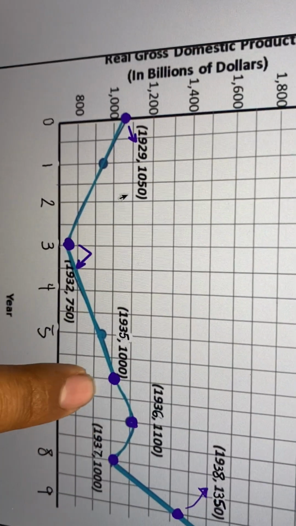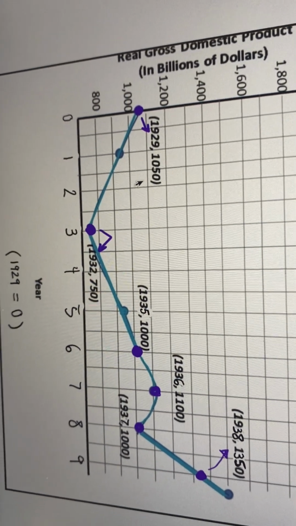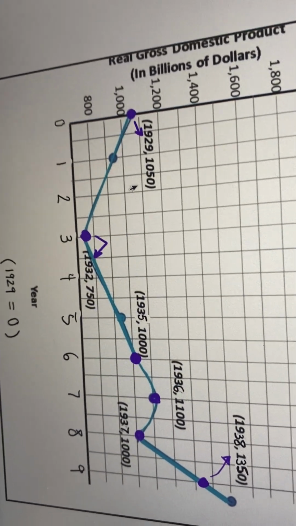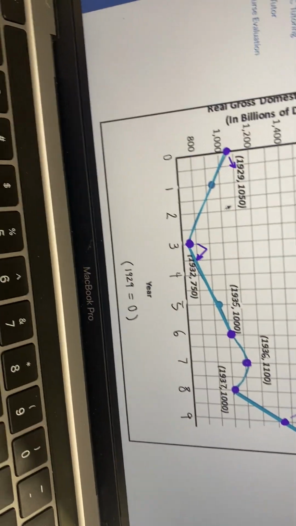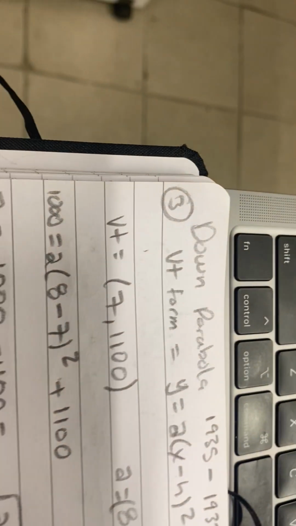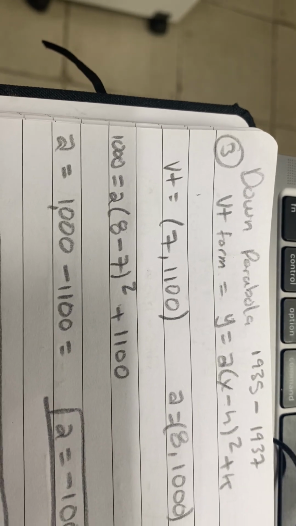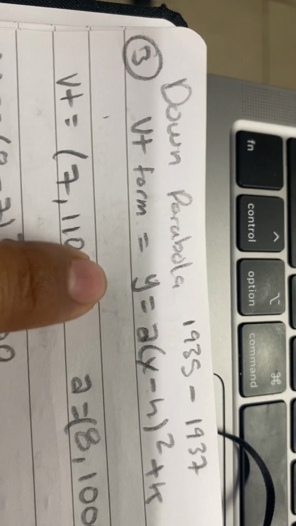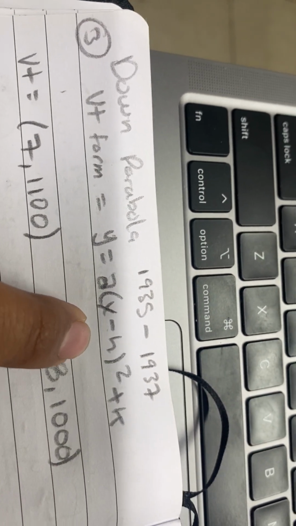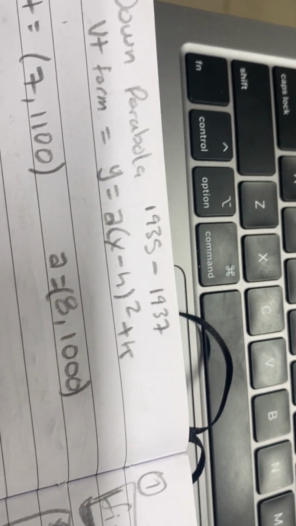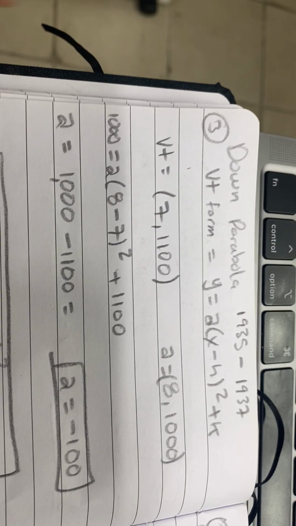And for the third step, which is the parabola, I did not use the same system, because it is a parabola, and of course this is a nonlinear function. To do that, we know that it's a down parabola, so we're going to use the vertex form, which is y equals a times parenthesis x minus h squared, plus k.